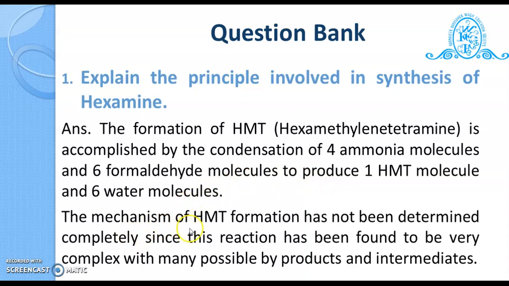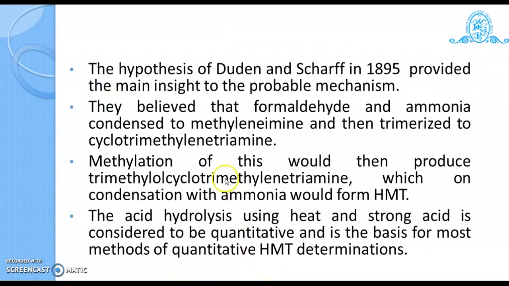The mechanism of hexamethylene tetraamine formation has not been determined completely, since this reaction has been found to be very complex with many possible byproducts and intermediates. So, the hypothesis of Duden and Scharf in 1895 provided the main insight to the probable mechanism. They believe that formaldehyde and ammonia condense to methylenamine and then trimerize to cyclotrimethylenamine.